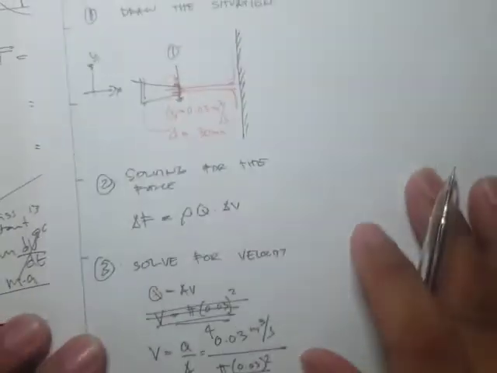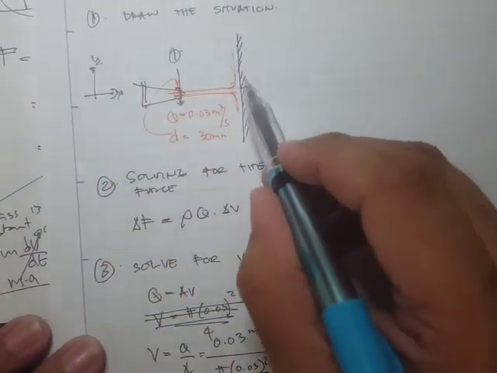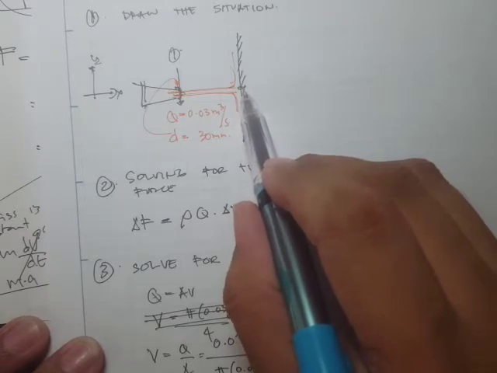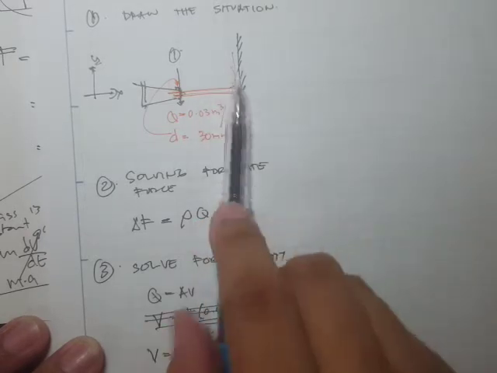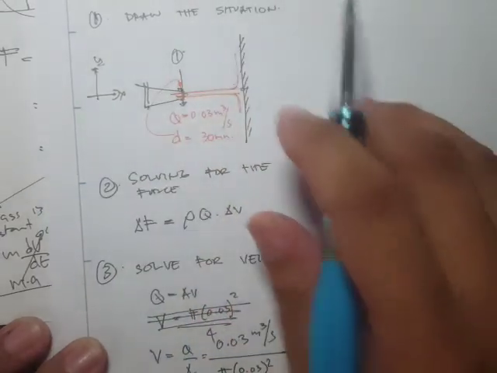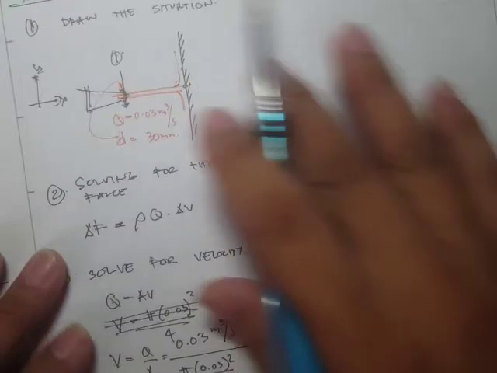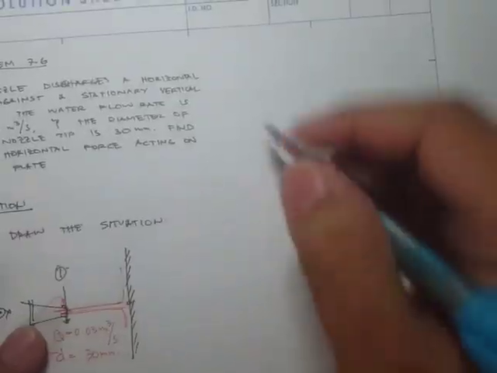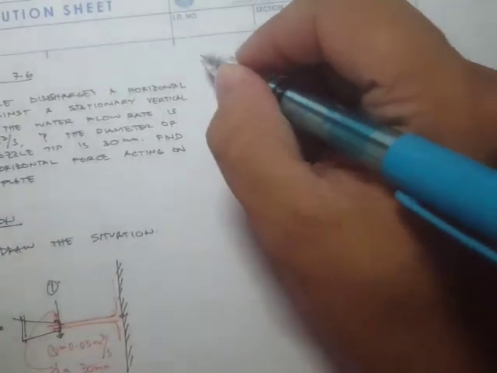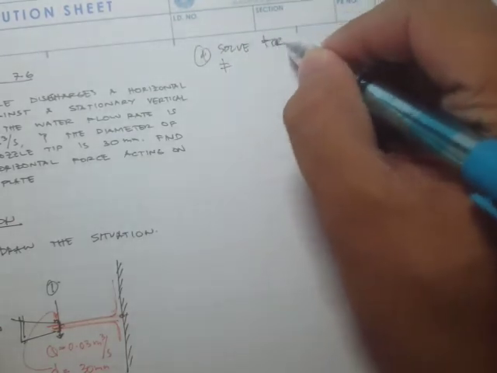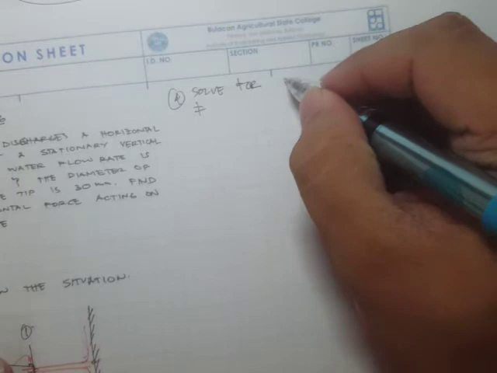So if we write the x and y axis, this one is purely x, and at this point there's no more velocity in the x direction because it changes to the vertical direction. So along the x, we can now solve for the force.